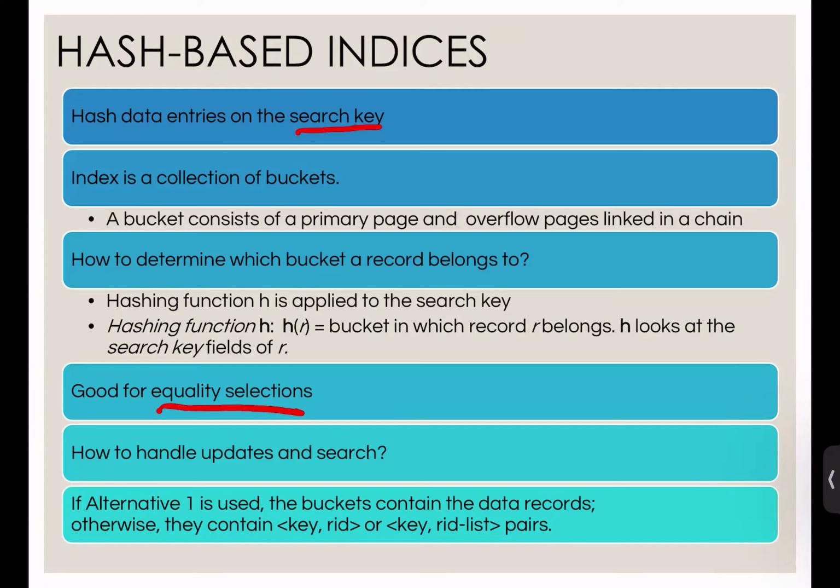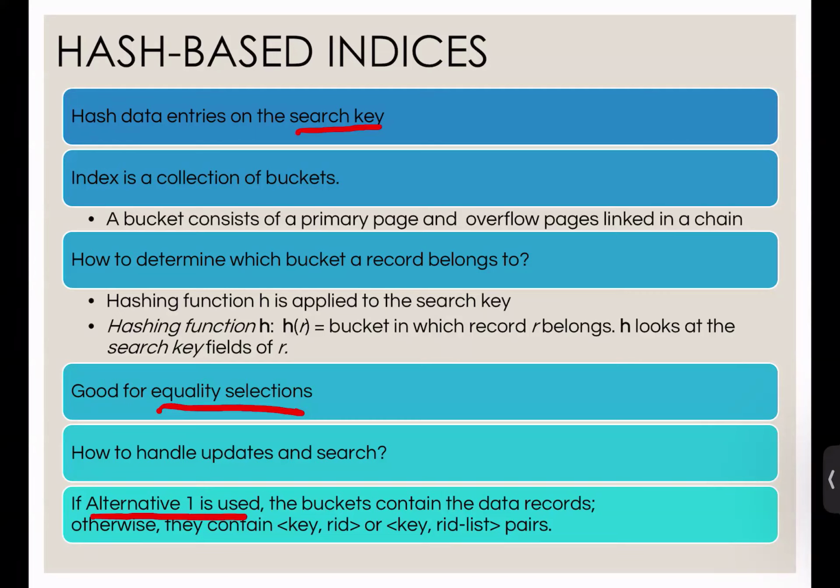Now we have to know how to handle updates in the search. But we already talked about how that mechanism works last time, right? But for hash index, we can use alternative 1, alternative 2, 3, it doesn't really matter. We can also use alternative 1 for hash if you want.